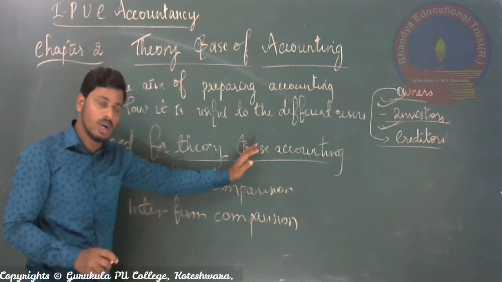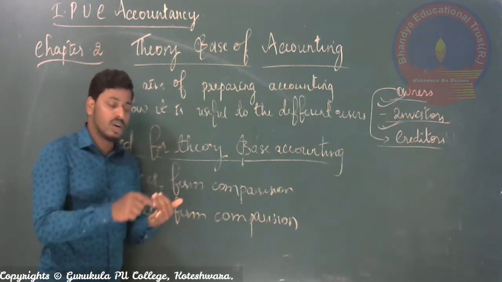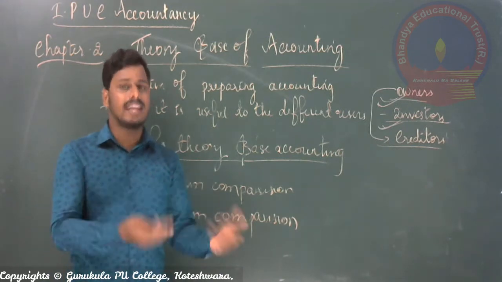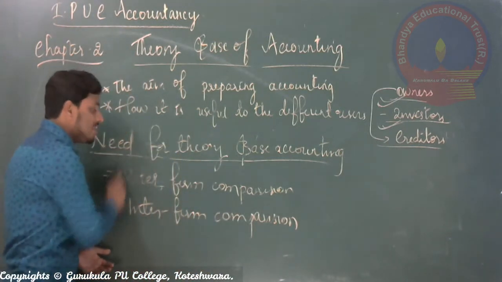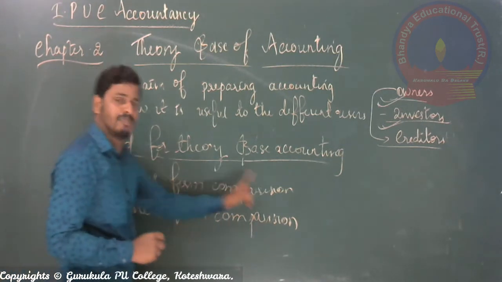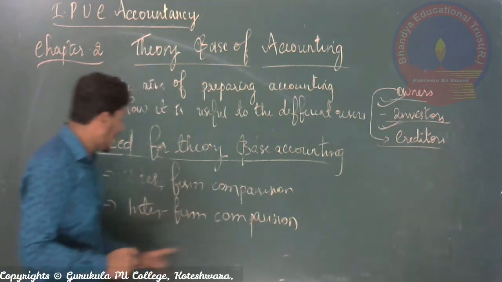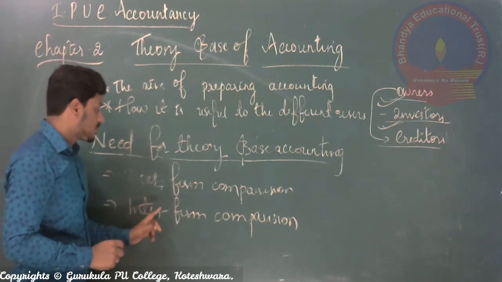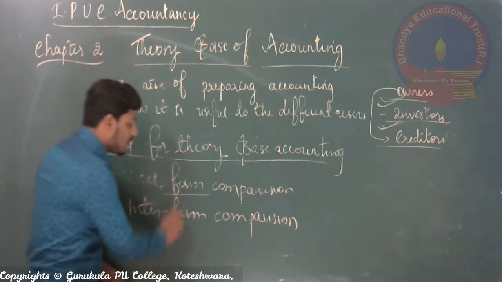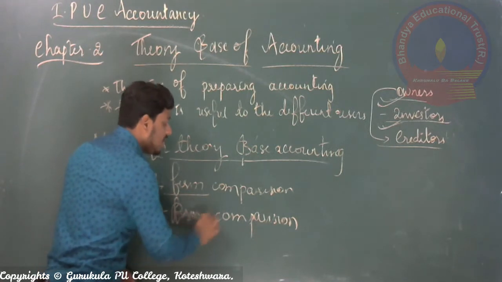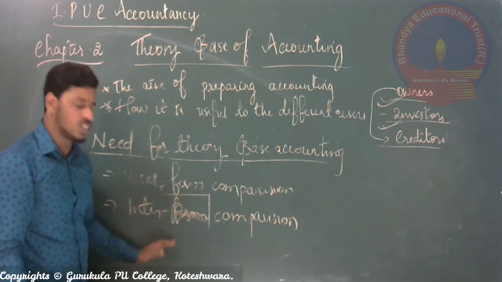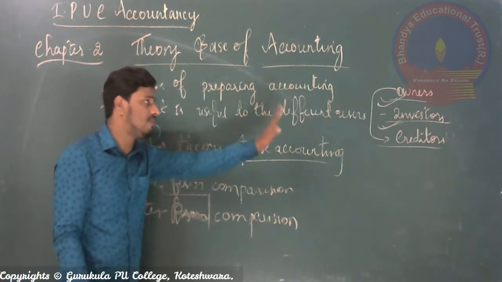And also, once we follow rules, regulations and policies in accounting, then only can it help you make these two comparisons. The first one is inter-firm comparison, and the next one is inter-period comparison. Remember, these two comparisons need to be made by the different users.